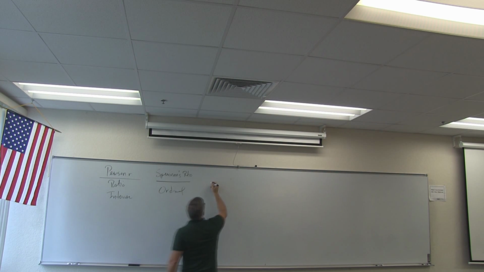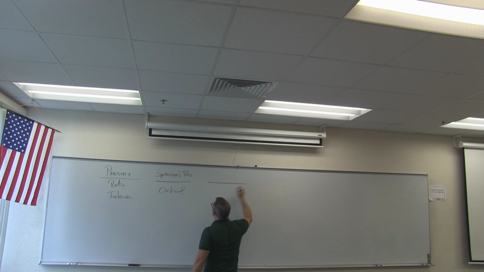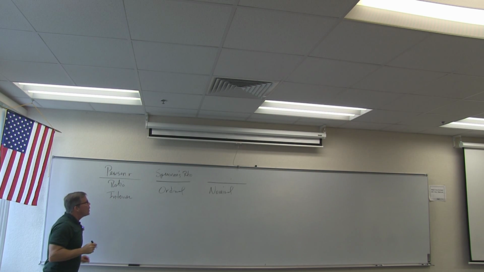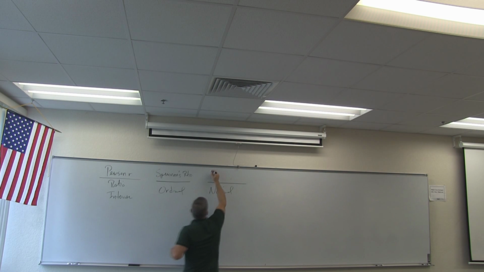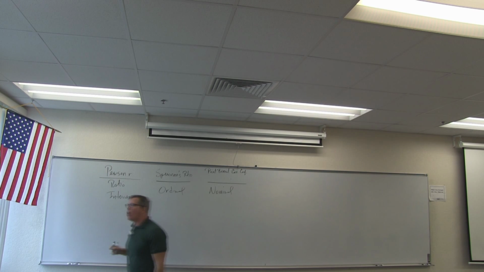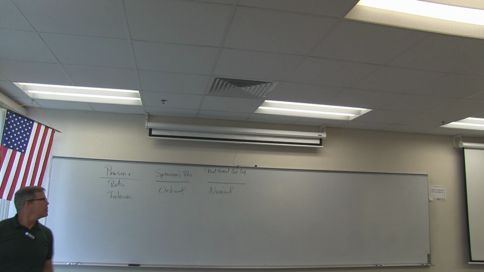We have another measure for data at the nominal level. And there's actually a couple of those measures. One is called the point biserial correlation coefficient.